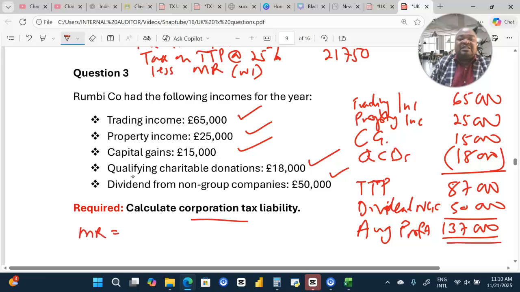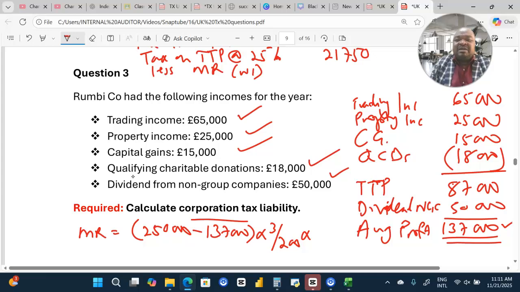MR is equal to the upper limit, 250,000, minus augmented profits, 137,000, multiplied by the standard fraction 3/200, multiplied by the TTP, 87,000 divided by augmented profits of 137,000.